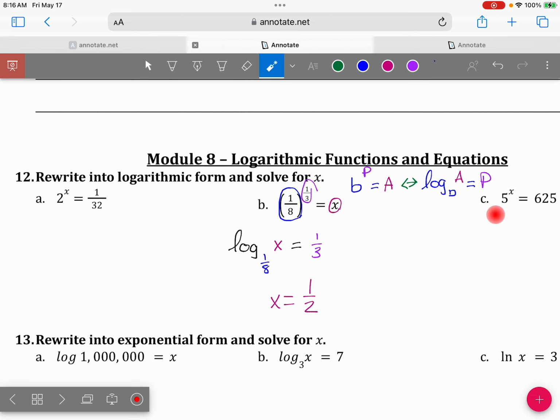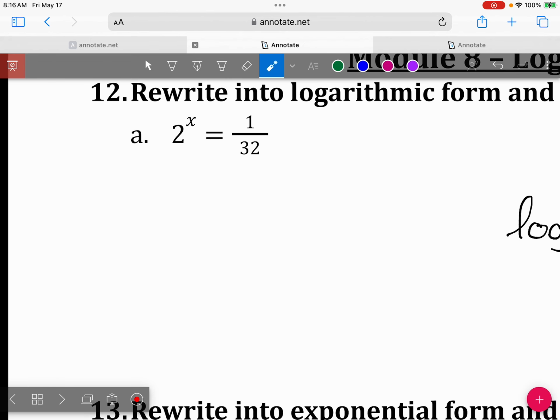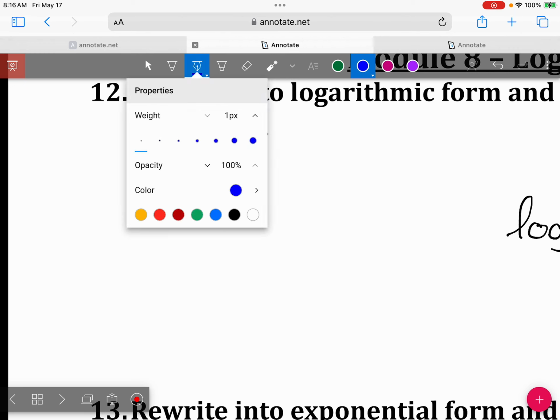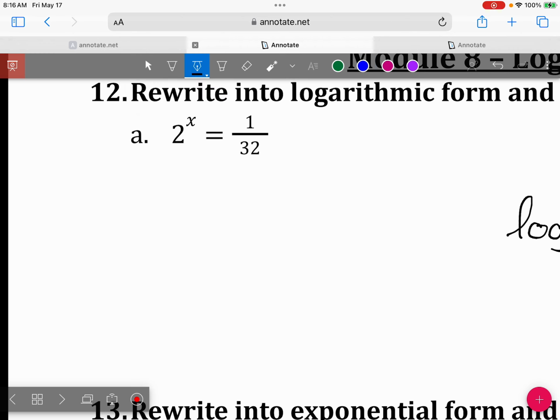The ones with the x's in the exponent are a little easier to do as a log. So I'm going to do A as well while we're here. Same kind of vibe. I'm going to take my base and make this log base 2 of my argument, of 1/32, equals x. That's equaling my power, equals x.